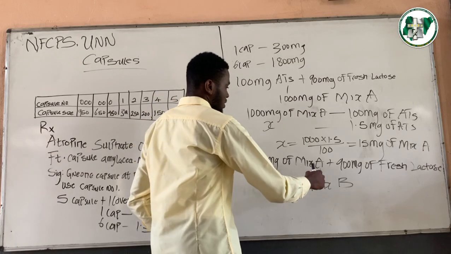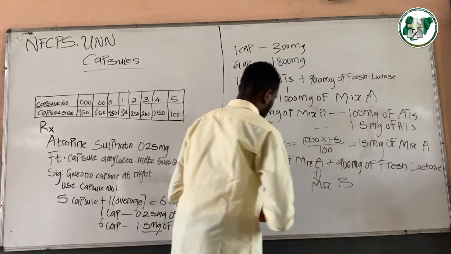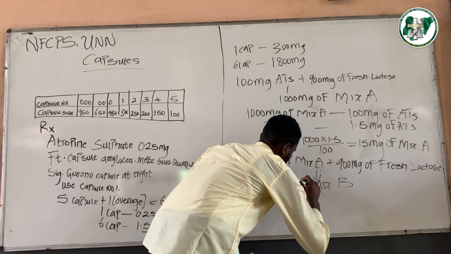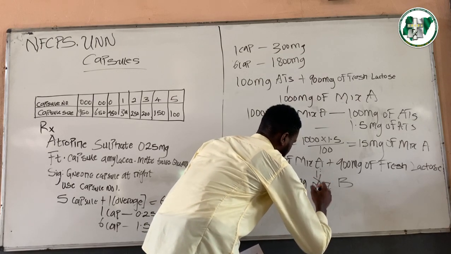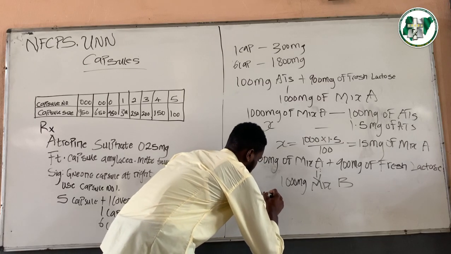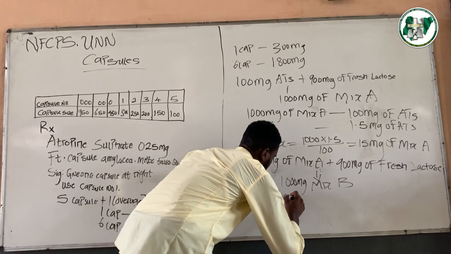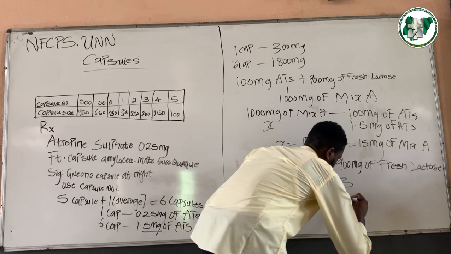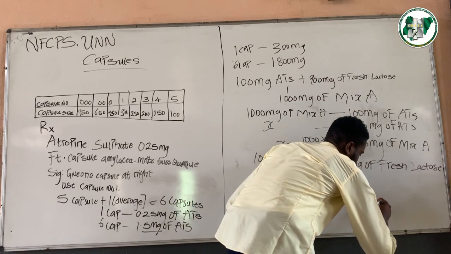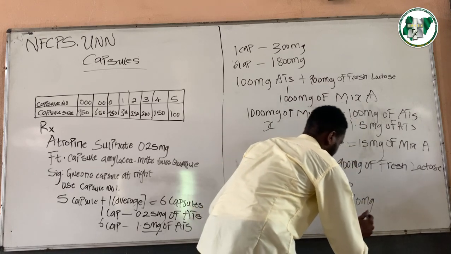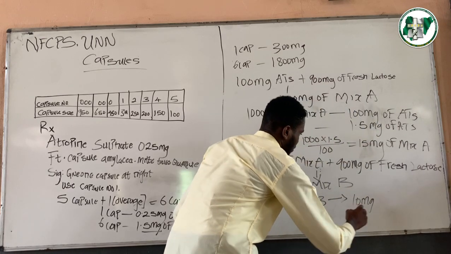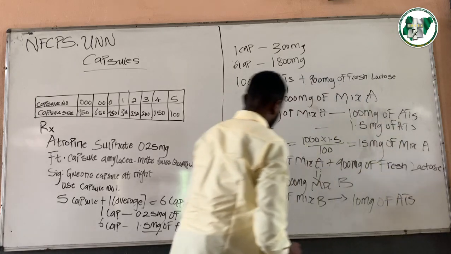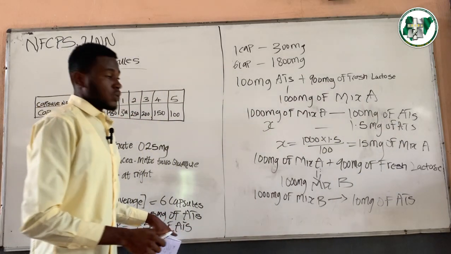So since this will now give us 1000 milligram of mix B, we say that 1000 milligram of mixture B contains 10 milligram, which is the 1/10 of it, of the ATS. 10 milligram of ATS. Remember, what we are looking for is 1.5 milligram of ATS. That's what we are looking for.